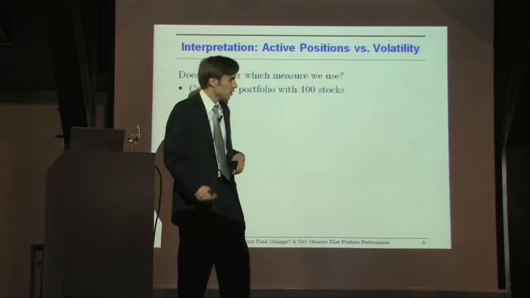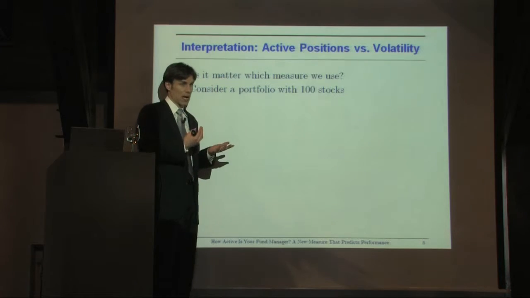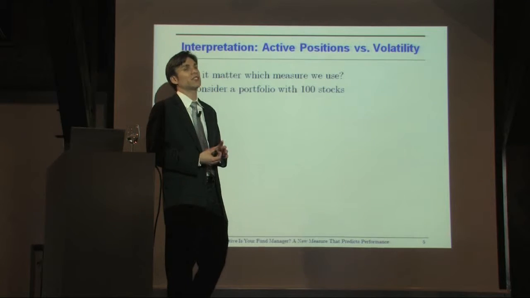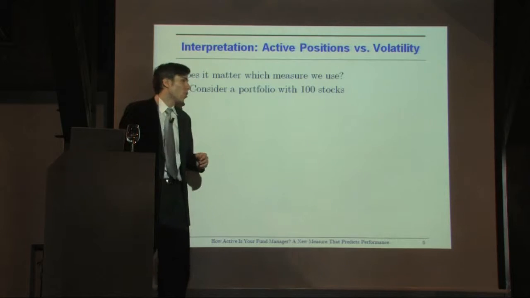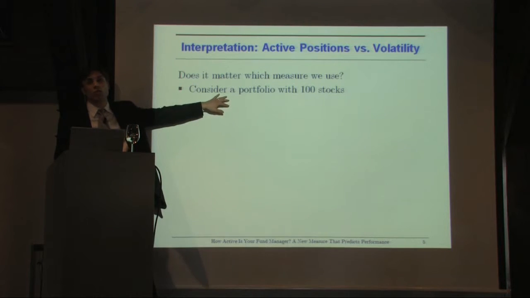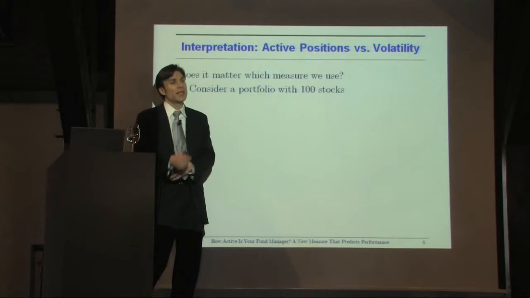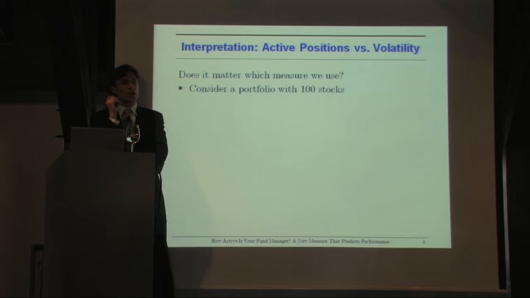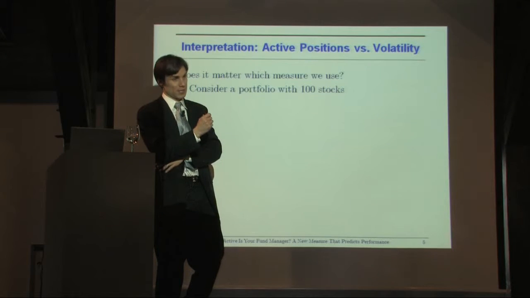As an example, let's think about a fund that has 100 stocks. So the point here is it's a fund that's potentially well diversified. How active management shows up in this kind of portfolio depends crucially on whether the portfolio positions are exposed to systematic risk.